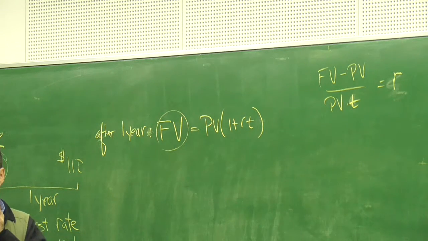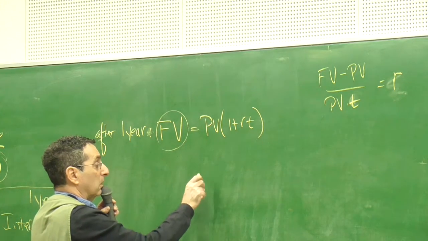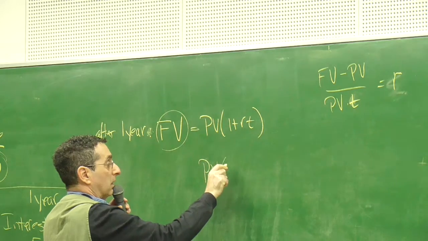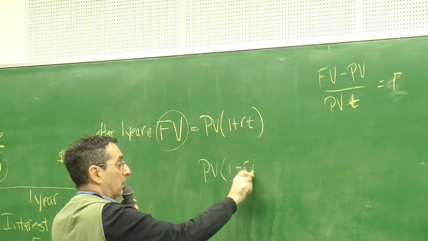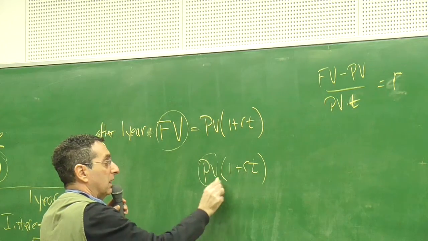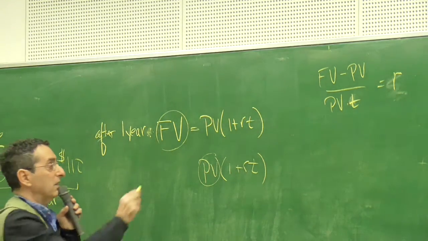Okay, now, so normally we would just say, oh, what is it going to be? It's going to be PV times 1 plus RT. But it's not the same PV that it was before. Right? It's actually this.